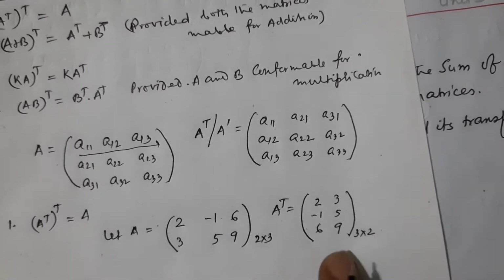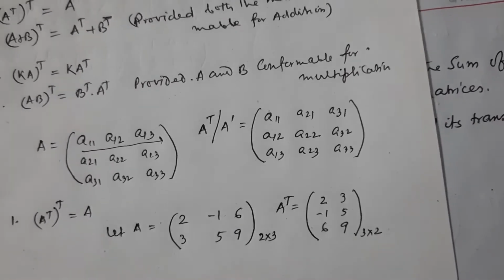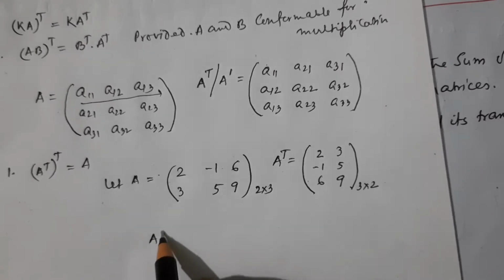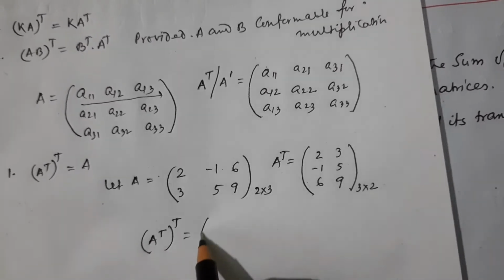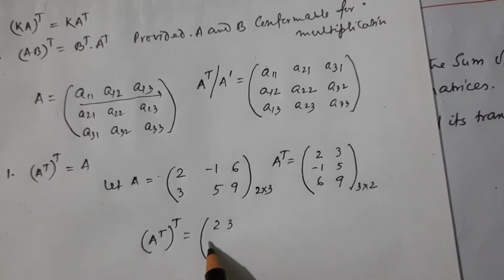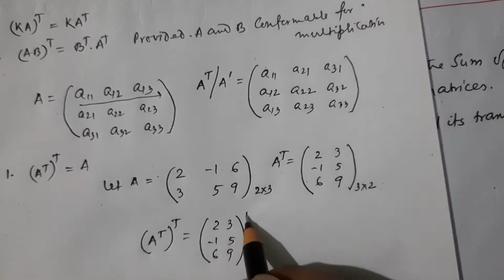And again if we transpose this, that is A transpose whole transpose, that is equal to 2, 3, minus 1, 5, 6, 9, whole transpose.